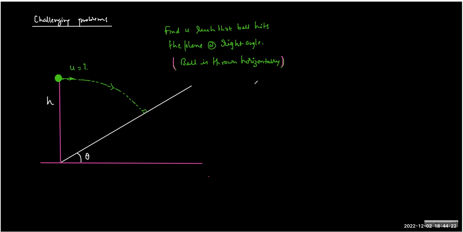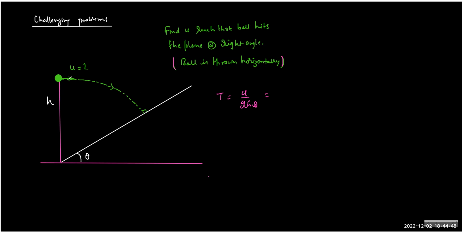Sir, is it u by g sin theta? I don't think so. Let me see this. How much are you saying? Once again. u by g sin theta. Earlier, what did you say earlier? No, sir, earlier I don't think so.